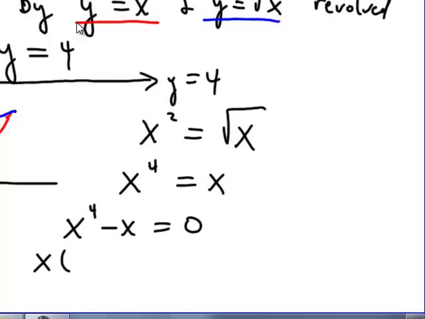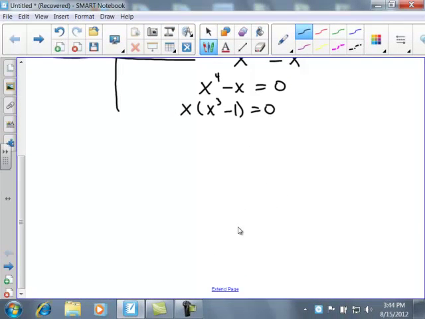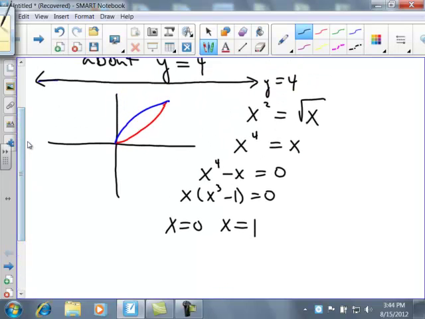Factoring, we get x times (x cubed minus 1) equals 0, which gives us x equal to 0 or x equal to 1. So I have my 2 points of intersection on my graph: the origin (0, 0), and the point (1, 1).